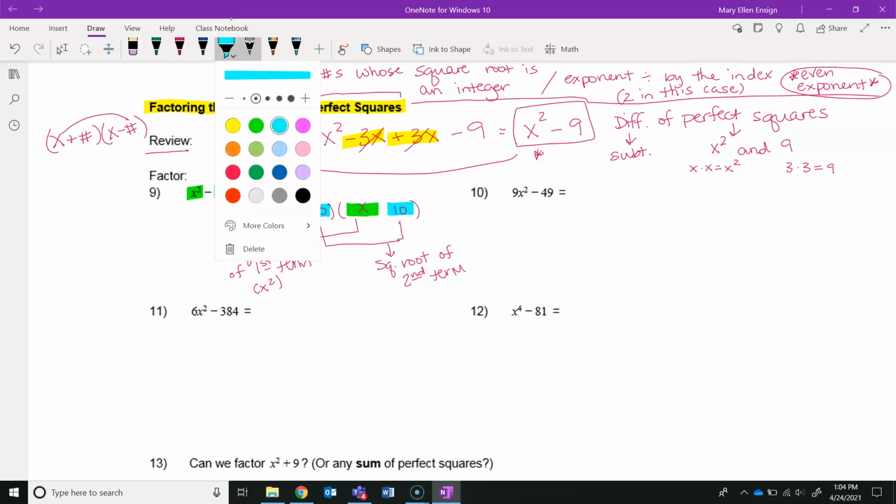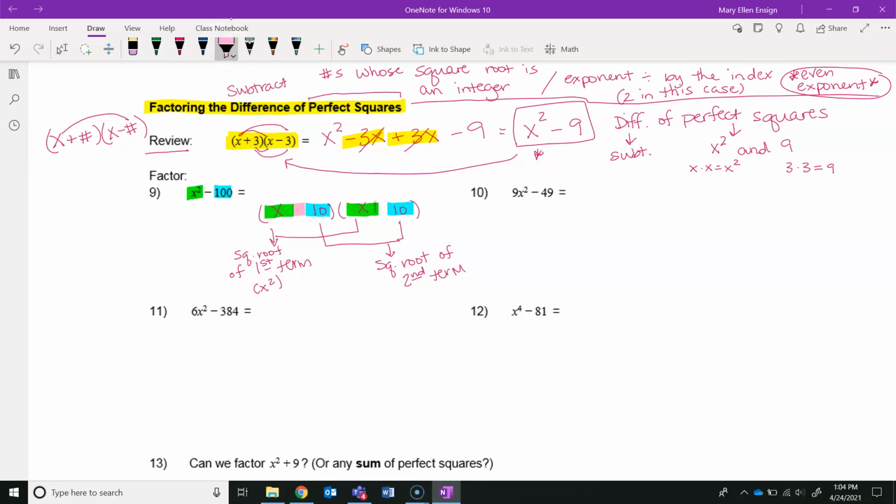And then finally, I have my plus and my minus. Okay, so if I write this without all my little color coding here, I get x plus 10 and x minus 10. When I check these, x times x is x squared, plus 10x minus 10x cancels out. 10 times negative 10 is negative 100.